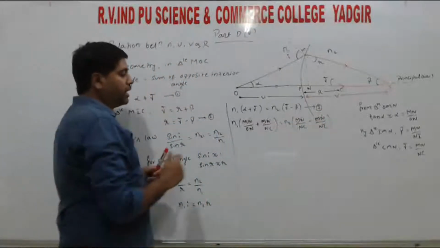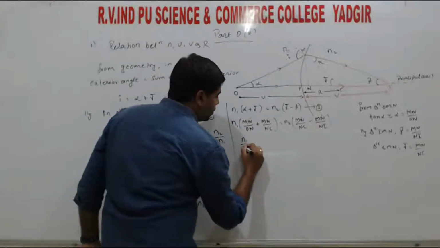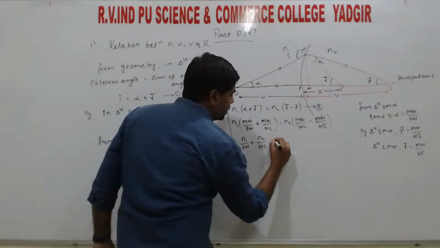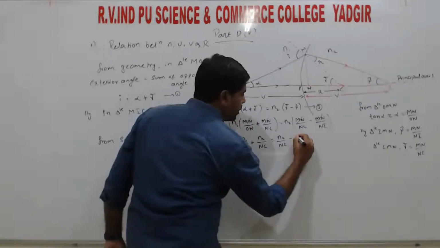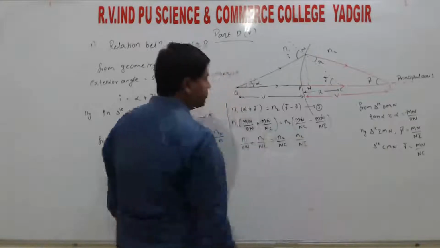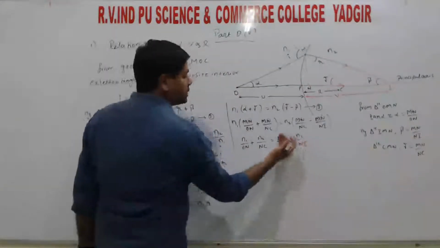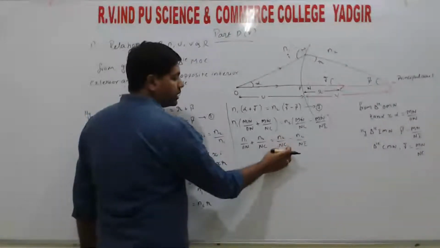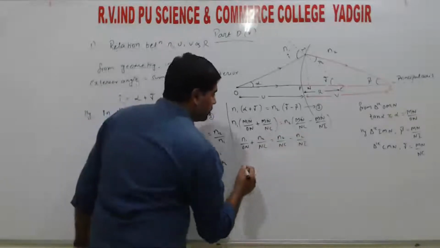So only the remaining terms, within the bracket, that is N1 by ON plus N2 by NC, that is equal to N2 by NC minus N2 by NI, right? So the minus term we shift to the LHS. So NC and NC are common, so shift N2 to the RHS, right?